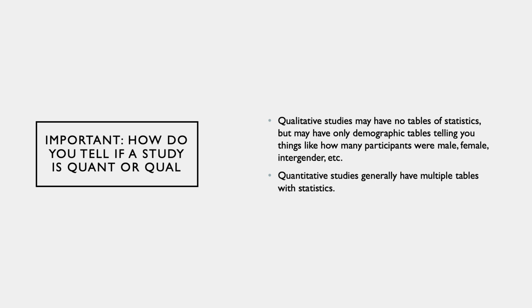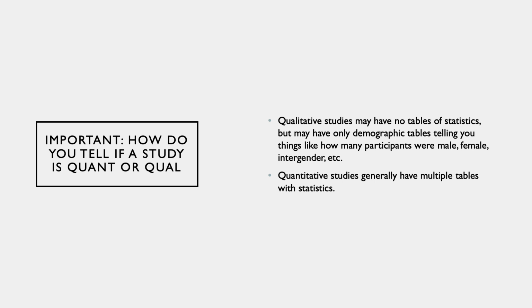Now this is important. How do you tell if a study is quantitative or qualitative? I'm going to be asking you to do this as I ask you to review papers throughout the semester. There will be times I ask for qualitative studies.